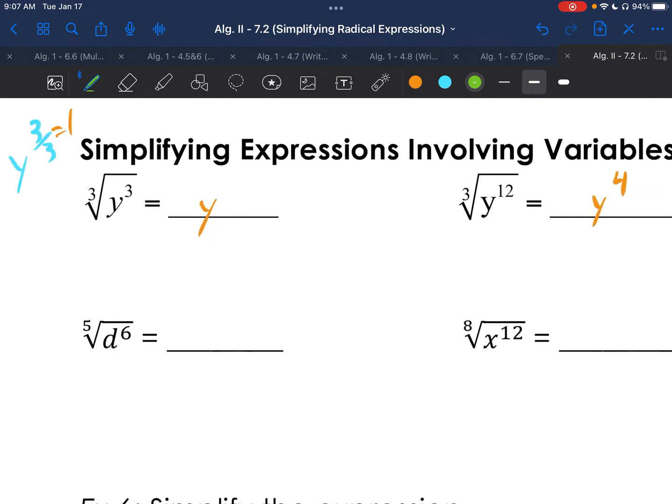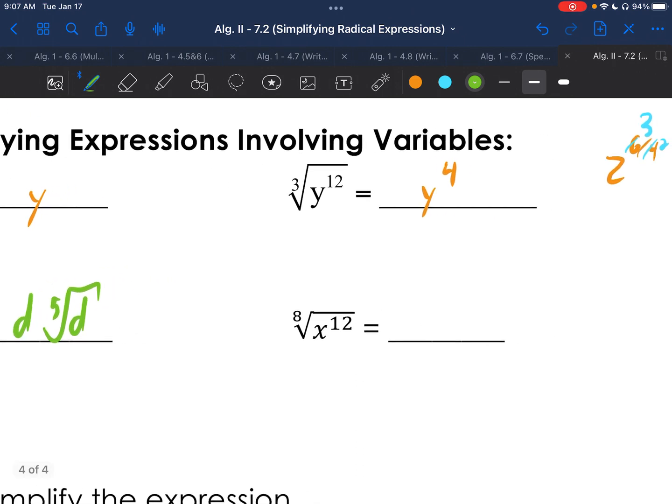And now on this one, we'd say, okay, well, 6 divided by 5, 5 goes into 6 once, and there's a remainder of 1, so the 5th root of d. So remember, when there is a remainder, the index number has to stay the same as it started, and you just put the remainder as the exponent inside.